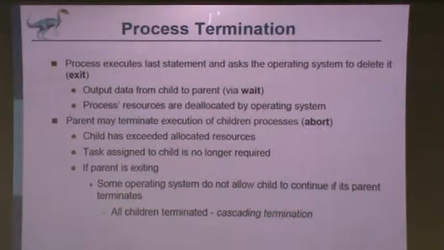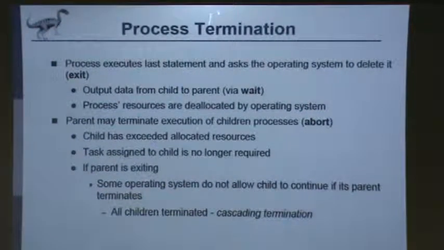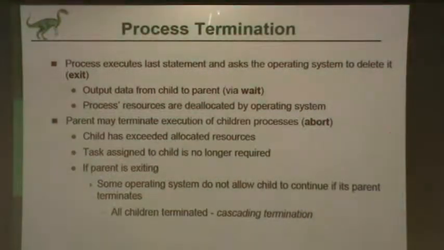For example, when the parent process needs to stop the children process forcefully, like for example Control-C, or closing the window of the program that you execute. That is called abort. Abort means it's not done in your programming code. It's stopped by your parent process. That is called abort.